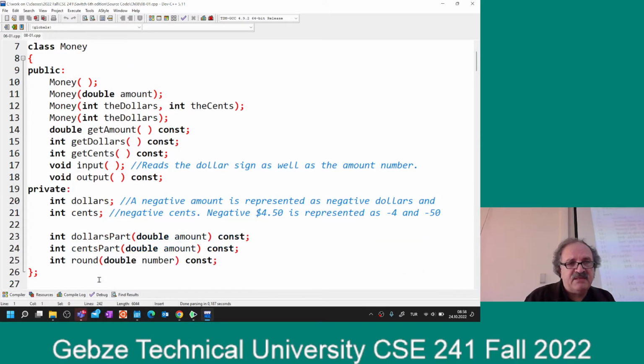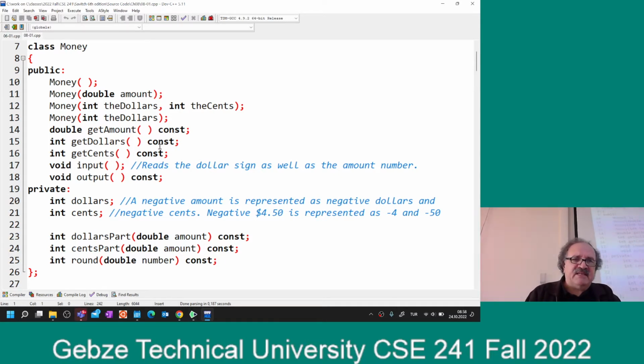It is almost the same as the bank account class. We call it money. Constructor, constructor, constructor, and constructor. And getters. I guess there are no setters, just to keep the class simple.